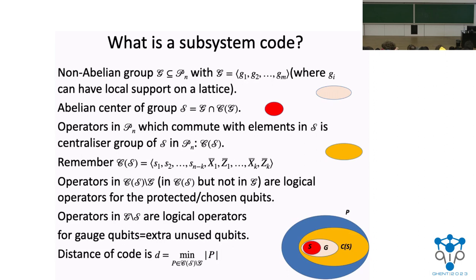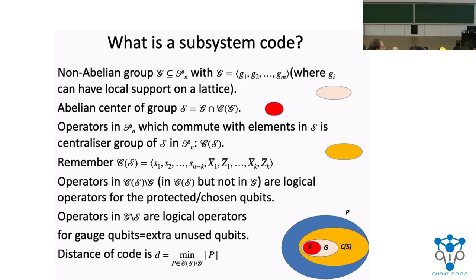Out of what's in here and not in there, I can construct what we call gauge logical qubits. If I measure these Gs, they have their state fixed or changed. Sometimes they're in the zero state, and then they're produced in the plus state, and so on. I'm going to measure these operators, so I change their state, but I don't care about messing up their state. I just care about the logical operators here. So they're the protected or chosen qubits.